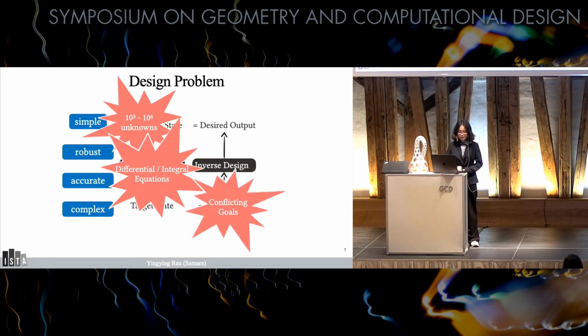The design target could then involve conflicting goals that add global coupling to the system. For example, for many architecture applications, we want structures that are both strong but also lightweight. On top of all these, we want to find the inverse of this process, so we can find the optimal design parameters to achieve these target goals. In order to address these challenges, we work on developing good geometry abstractions and efficient numerical methods.